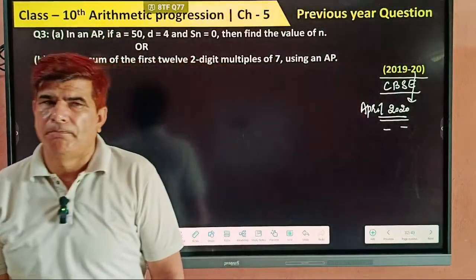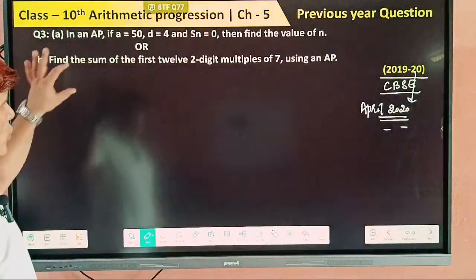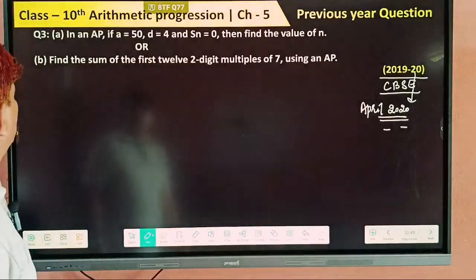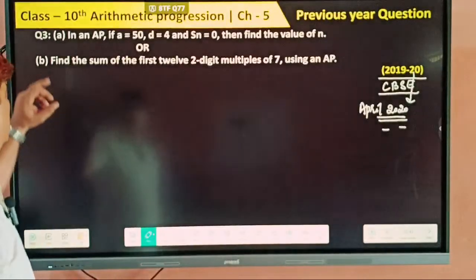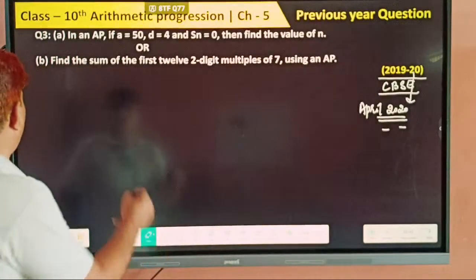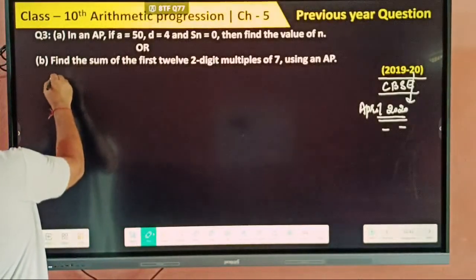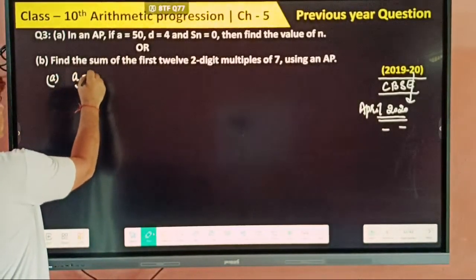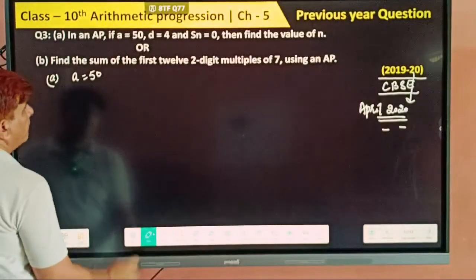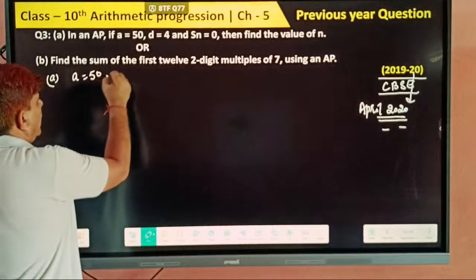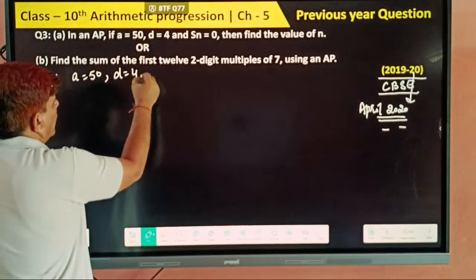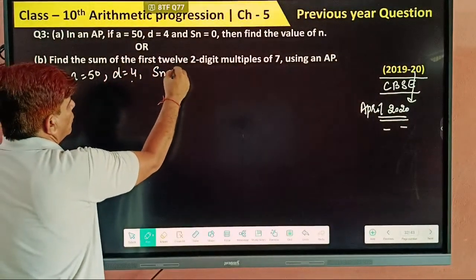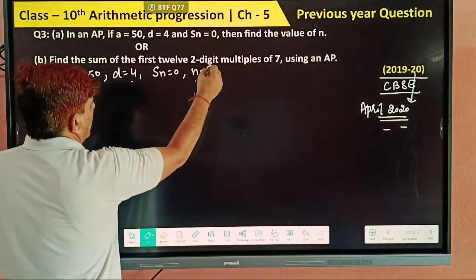Two questions are given, both we will solve, but there is a choice. In an AP, a equals 50, d equals 4, Sn equals 0. Find n.